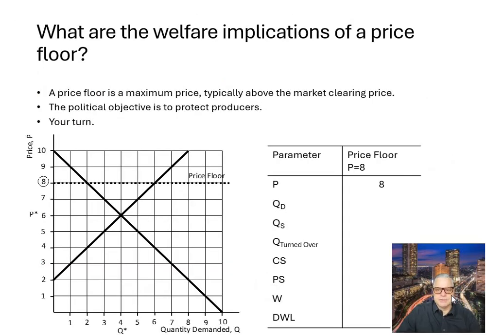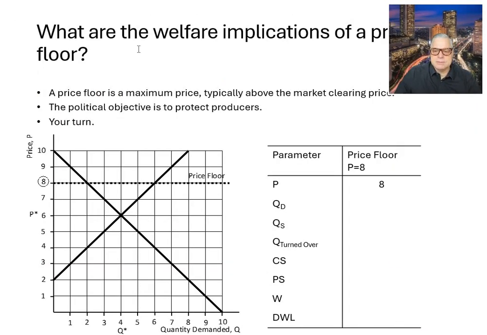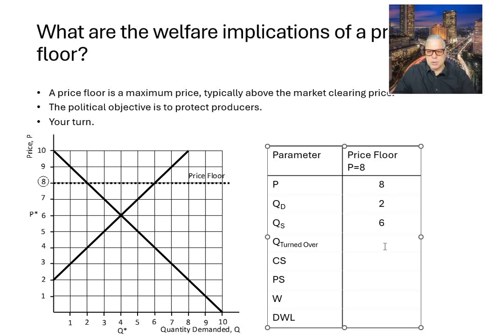And so we just need to fill out quickly this table. So we go back again to the price floor. If the price floor is 8, we said quantity demanded is 2, quantity supplied was 6, but the quantity turned over was only 2. Consumer surplus is now that little triangle up there, which is 2.